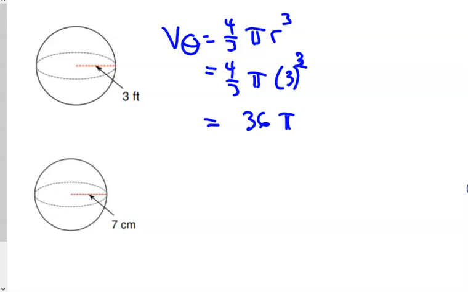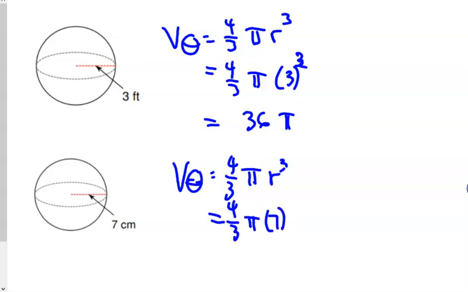for this problem. The second problem, the volume of the sphere is 4/3 pi r cubed. Again, we're replacing the r with 7. So I take 7 cubed times 4 divided by 3.